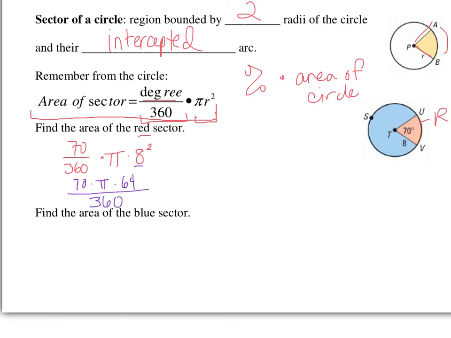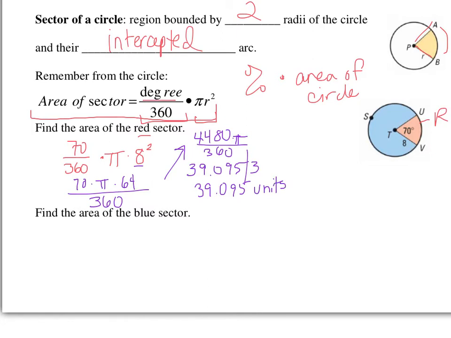So if I combine the 70 and the 64 together, that will give me 4,480. I still have to multiply that by the pi and divide by 360, but that way I simplify as much as I can first. So when I type that in the calculator, I get 39.0953. We're stopping it right there, so I'm going to write 39.095, and we don't have the units, so it's just going to be units squared.